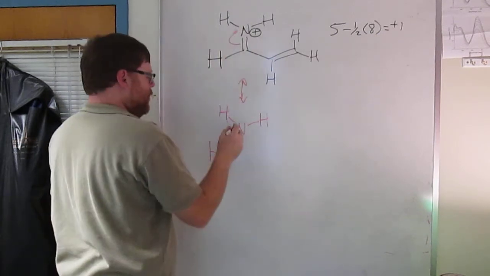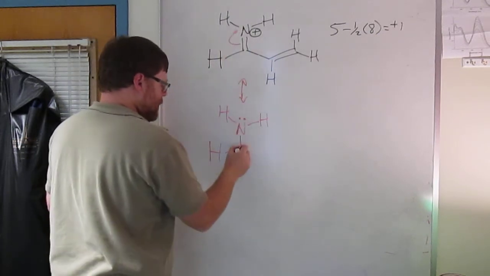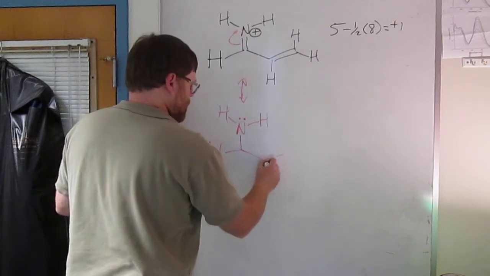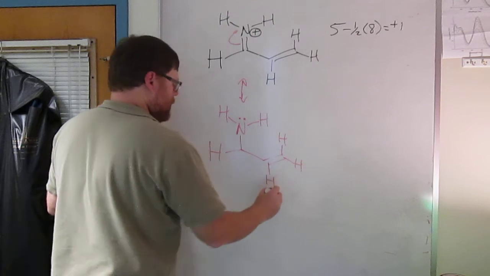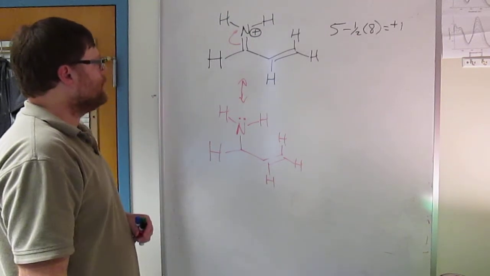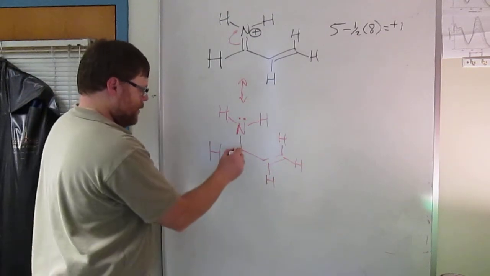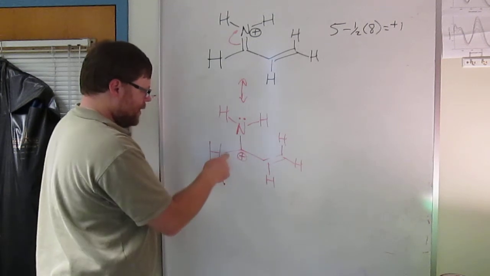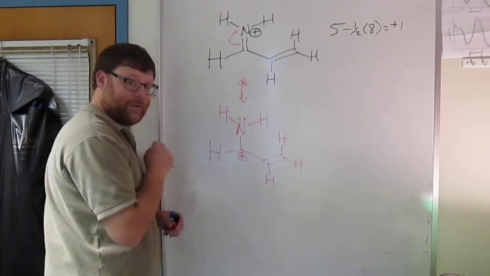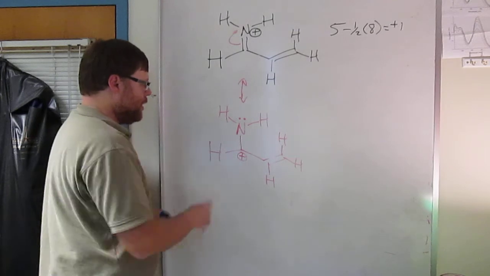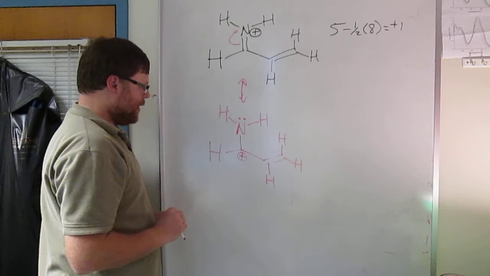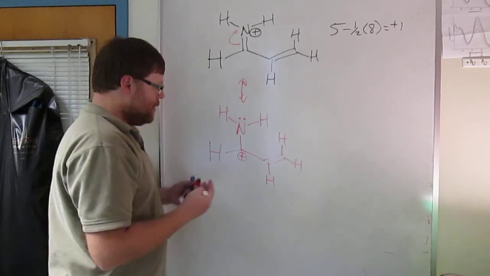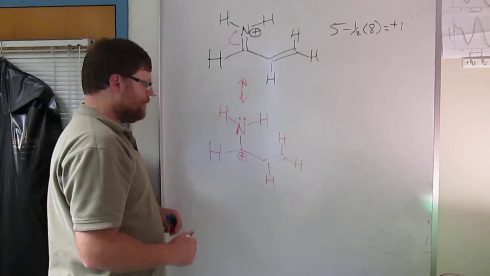The pi bond moving up will make a lone pair. Okay, and so this should be positive. You can calculate that. 4 minus half of 6. 4 minus 3 is plus 1. Plus 1. Net charge is the same. Connectivity is the same. Nobody's got a violated octet, so that's a valid resonance structure.